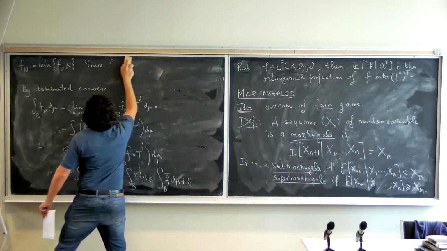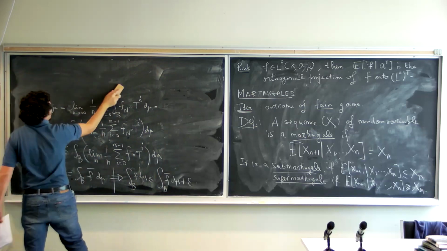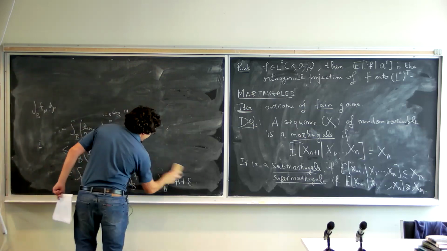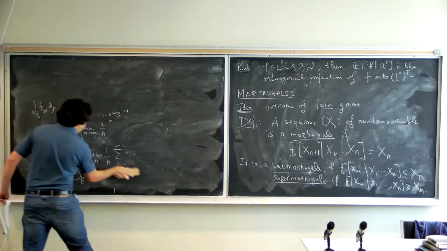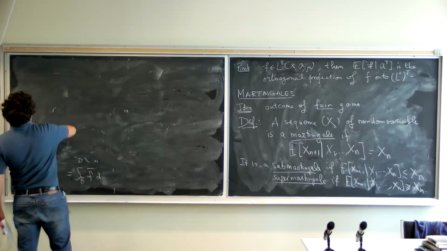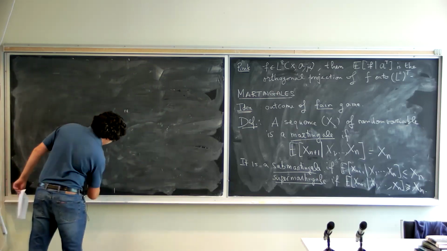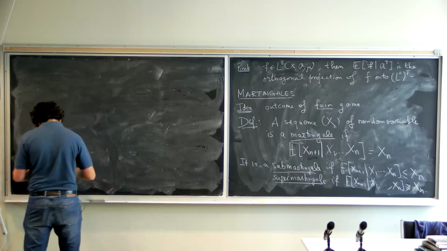Okay, so what is an example of a martingale? We kind of said it. For instance, whenever you have IID random variables with average 0, then that would be a martingale.